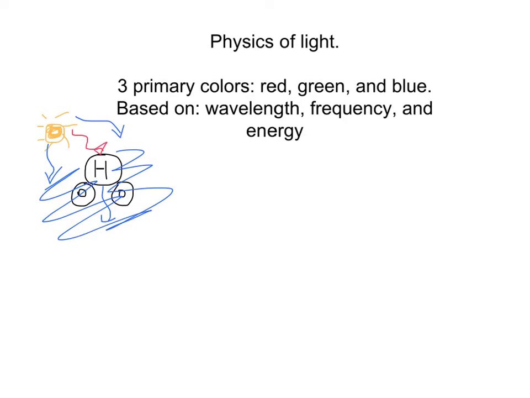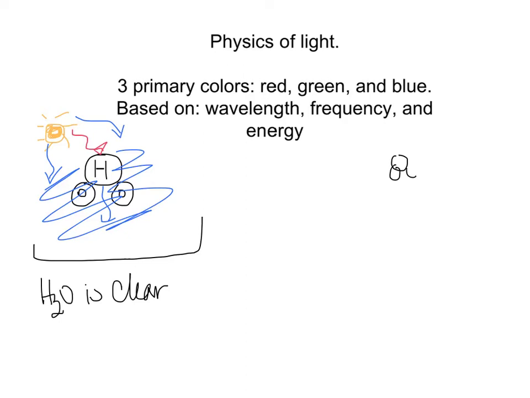Okay, so this process, this section right here that we just talked about, only works if the water is clear. Now what happens when water has sediment in it? Well, when water has sediment in it, mixed in with those water molecules are sediment molecules.